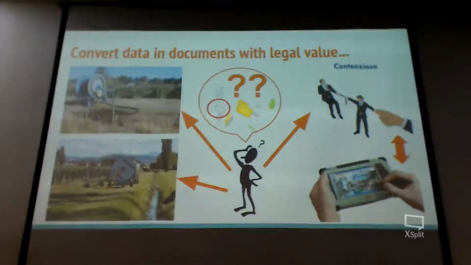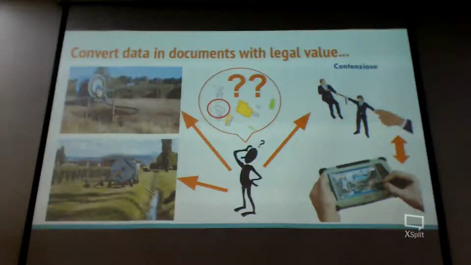So to validate what the satellite is really looking at, we have to go in the field to check the irrigation the day after the acquisition.